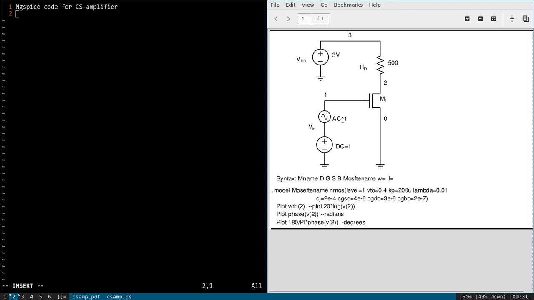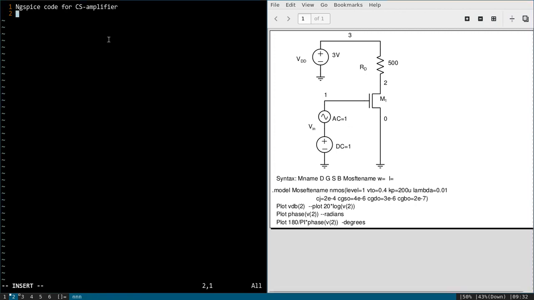So if you give AC 1, that doesn't mean you are applying a large signal. It will be considered a small signal, because the linear equivalent model of the MOSFET will be used. So you can directly give AC equal to 1. But if you would like to plot the transient response, then you have to apply a small signal here.